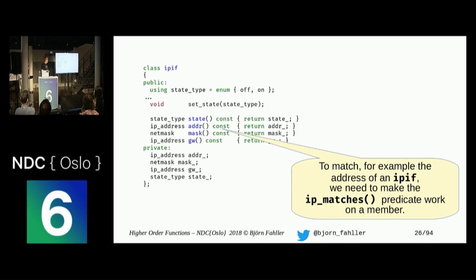And now comes a question. If I want to, say, search for an IP interface that has a certain address, how can I do that? I want to use this IP matches predicate that you saw on the previous slides with an IP interface. So I need some way to extract the address from the interface and feed that into the IP matches predicate.